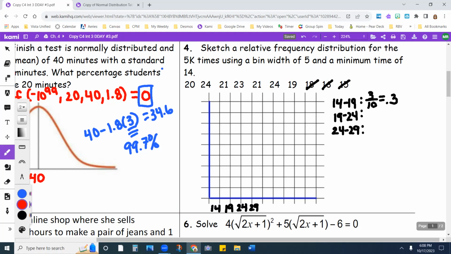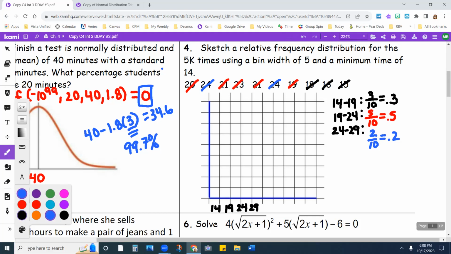Now, the next one is from 19 to 24. So 1, 2, 3, 4, 5. That's 5 out of 10, which is 0.5. The 24 is not going to be counted until the next interval. So 24, 24, 2 out of 10, or 0.2.